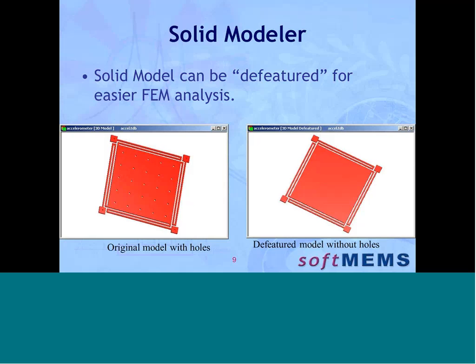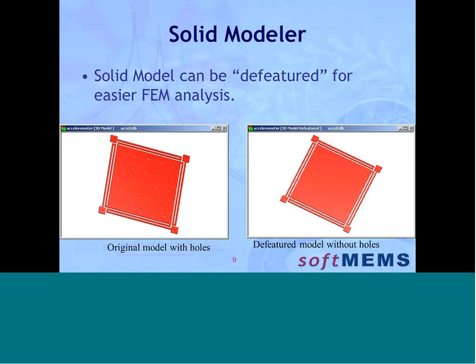On the left-hand side, I've shown a little model of an accelerometer, which has etching holes, which are necessary for the fabrication process. And then on the right-hand side, you can see a model where we've removed the holes automatically. So you can have 2 versions of your model. One will show the true fabrication process, and the other one can be a simplified view of the model that can then be sent to the finite element tool.